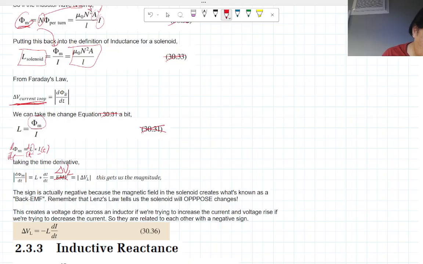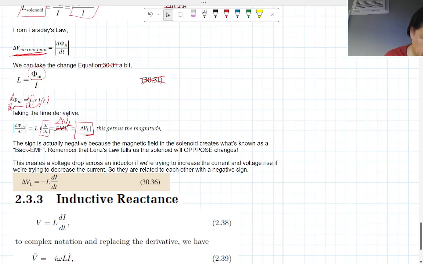So that's a constant. So this time derivative goes through, and the change in magnetic flux over time in an inductor is actually just the inductance times how the current is changing. Okay, and that's going to give you a voltage drop across that inductor.